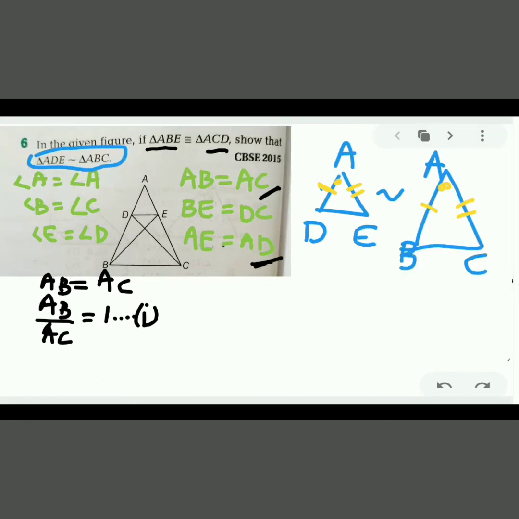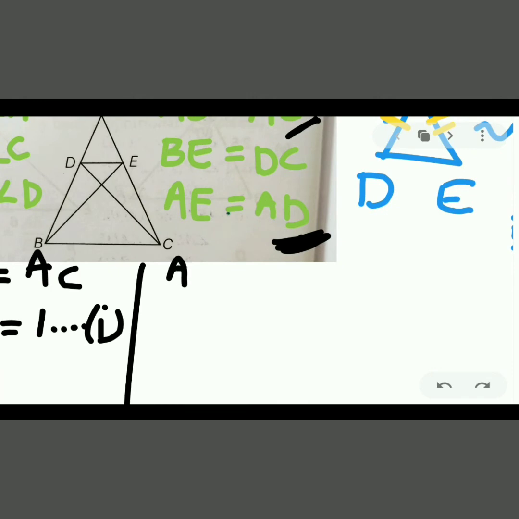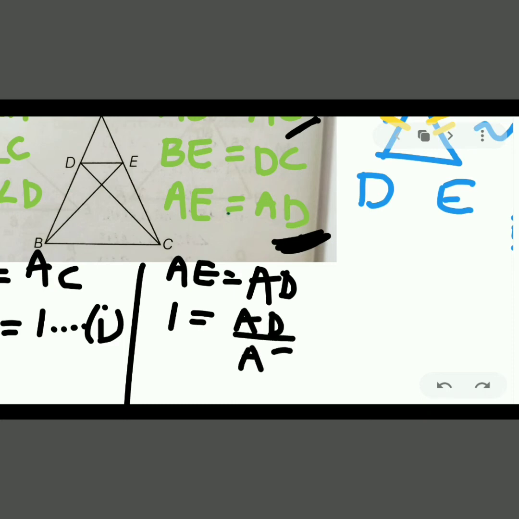Now we will use the second thing that is in the given. If we use AE is equal to AD, AE is equal to AD. And if we take this AE down, it will look like 1 is equal to AD by AE, and that is our condition number 2.